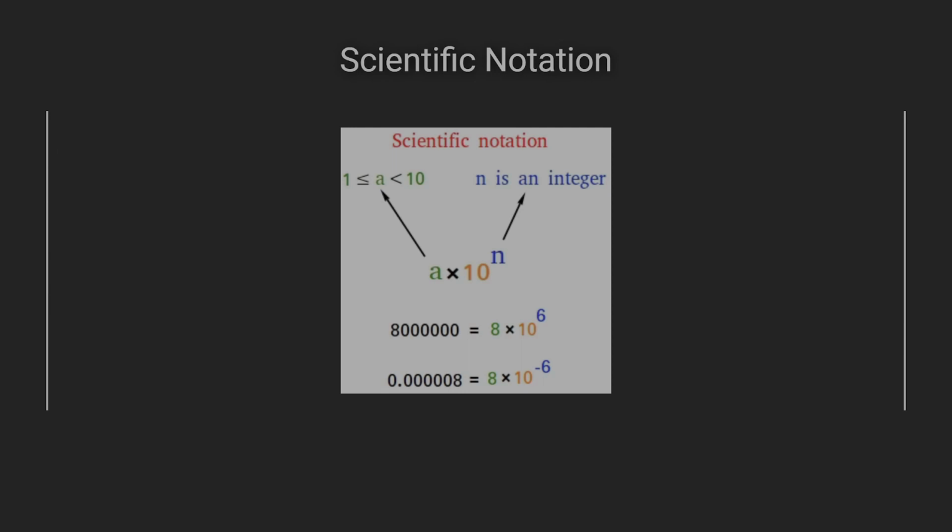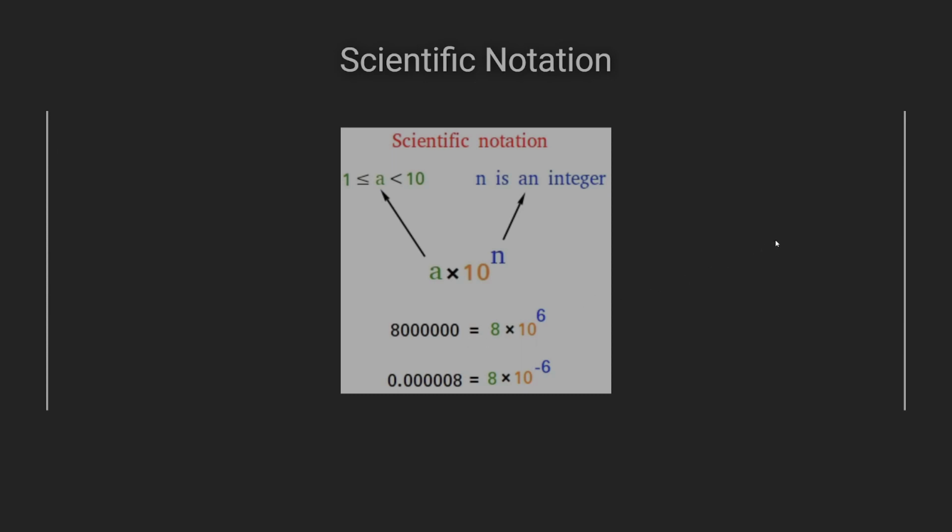So our a is going to be our coefficient, and 10 to the power of n is going to determine the decimal value of our value a. So for example, let's pick 8 as a. If we have it times 10 to the power of 6, this is going to result in 8,000,000, so that's how we can determine the decimal value.